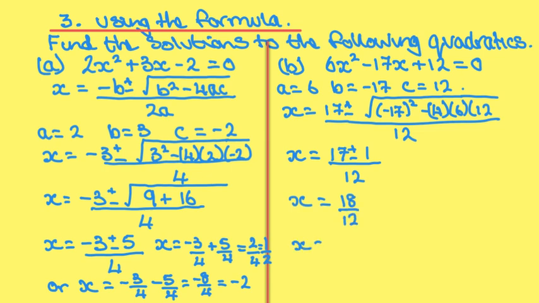So x equals 1.5, or x equals 17 minus 1, which is 16 over 12. So x equals 8 over 6, which is 4 over 3.